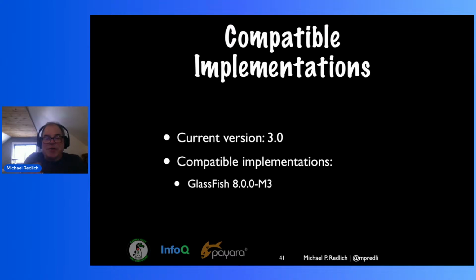The current version is 3.0, and GlassFish 8.0 milestone 3 is the compatible implementation. You can tell they're up to milestone 9 right now, the GlassFish guys at OmniFish, who have been maintaining GlassFish for the last few years.